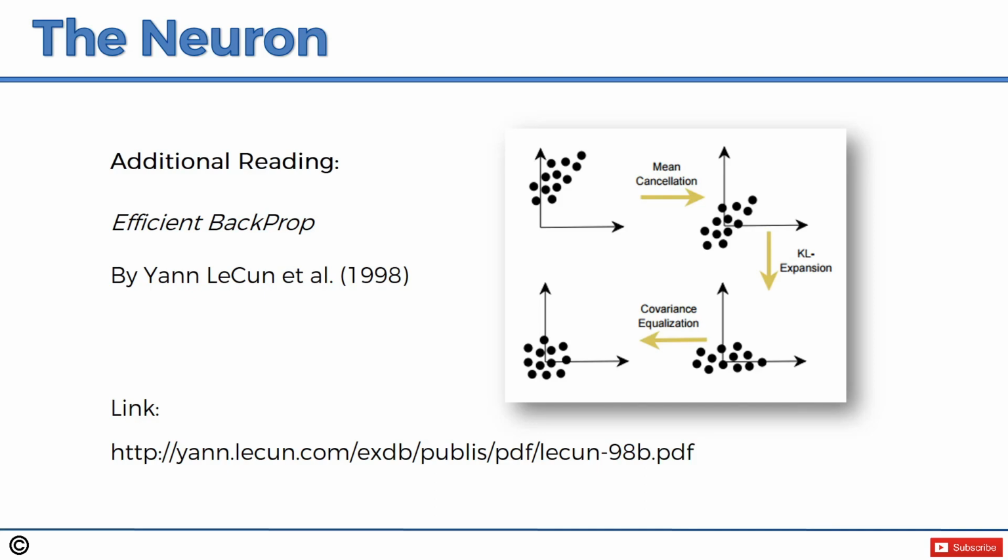He's a close friend of Geoffrey Hinton, whom we've already mentioned. In this paper, you'll learn more about standardization and normalization, but you can also pick up lots of other tips and tricks, and it'll be a good source for additional reading as you go through this course. So definitely check it out.